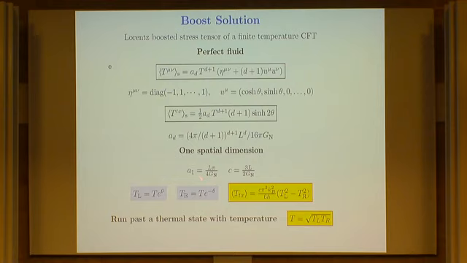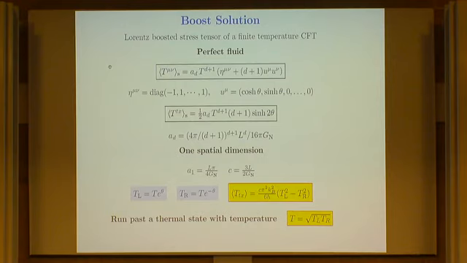So if you use Doppler shift arguments, you can convince yourself that if you run past a state at temperature T, remember this energy momentum tensor only depends on this parameter T, the Hawking temperature of this black hole, we don't actually have a T left and a T right because we didn't specify that. We're just looking at a spatially homogeneous solution, and we've just argued that the only way to get a non-vanishing energy momentum tensor is to run past a black hole solution at a given temperature T.